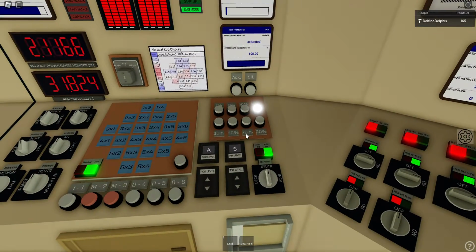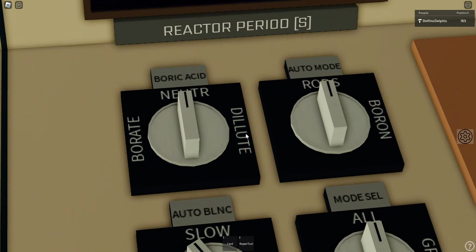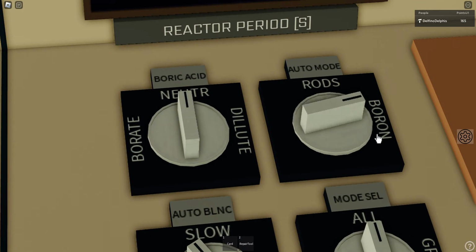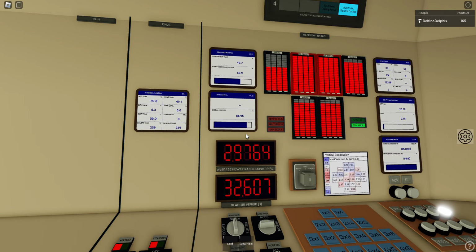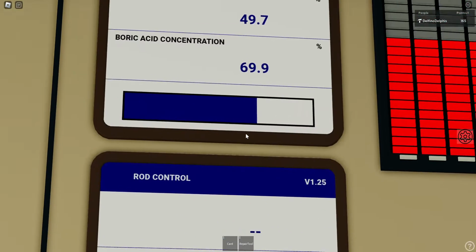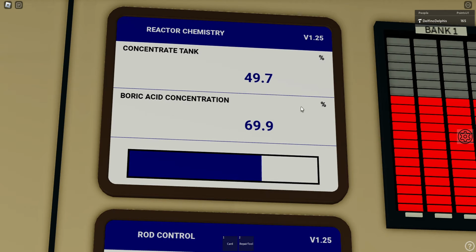So the auto control works either with rods or with boron. So we can switch it to boron if we want, and at this moment we should be able to see, at this moment nothing is happening, but the auto control will change. You can see now it's changing the concentration of boron to control the reactor.